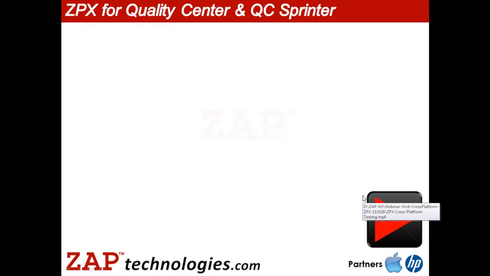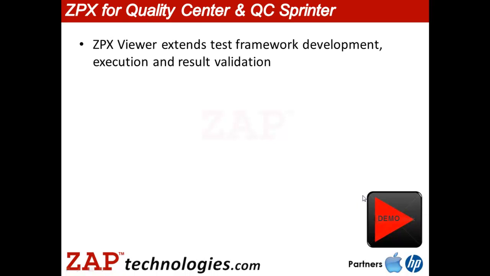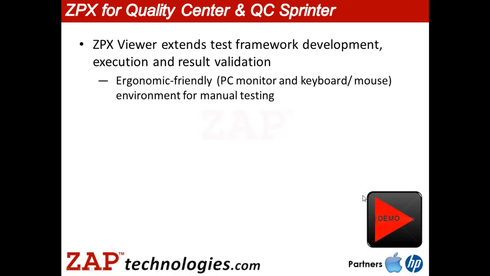Now I want to go over the key points of using ZAP-fix for Quality Center and Sprinter. ZAP-fix Viewer extends test framework development, execution, and result validation. We offer an ergonomic-friendly environment using the PC, keyboard, mouse, and monitor to do manual testing of real devices located in the cloud.